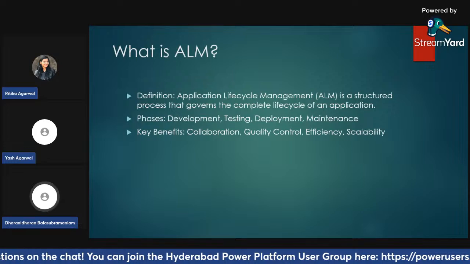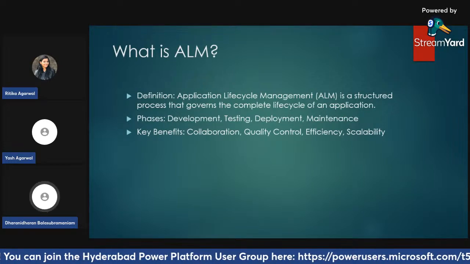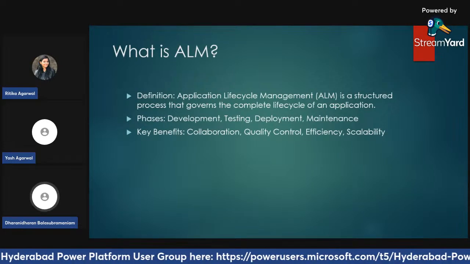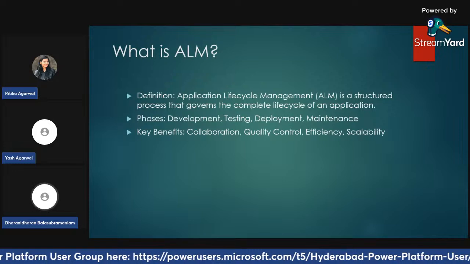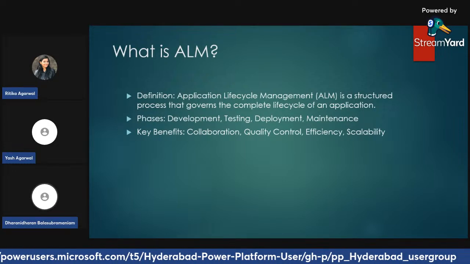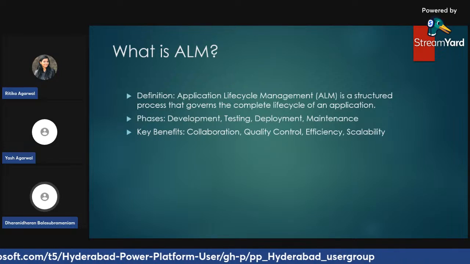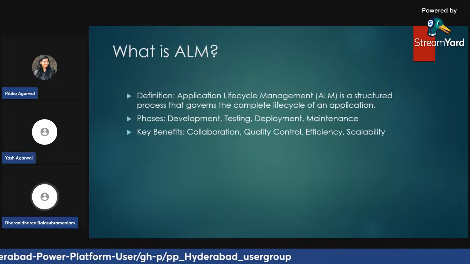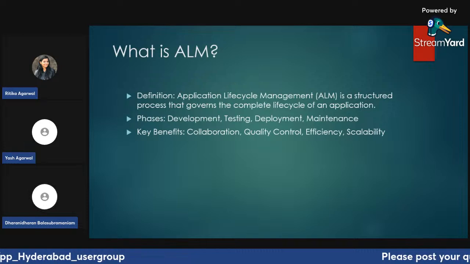Another huge benefit of ALM is that it helps enforce quality control. By having clearly defined processes, we can test thoroughly and make sure all the changes are consistently deployed across the environments without any last minute surprises.